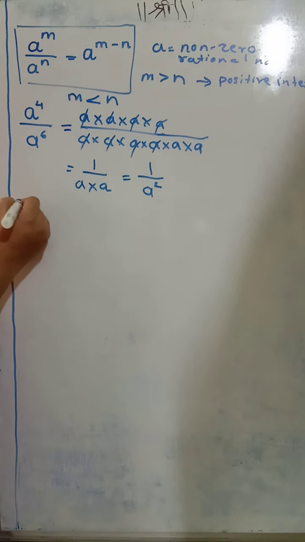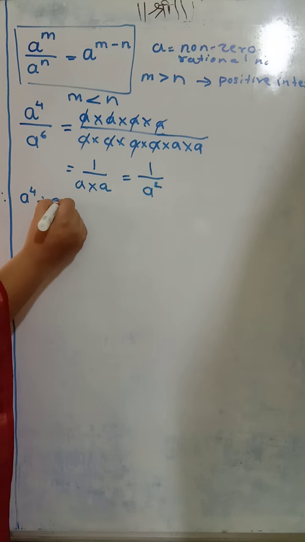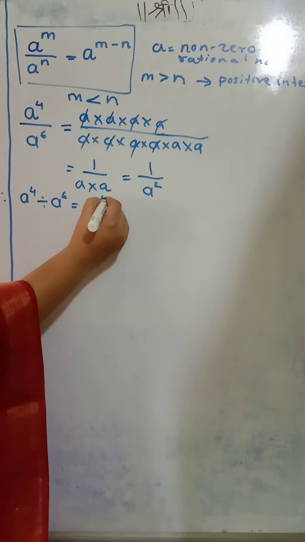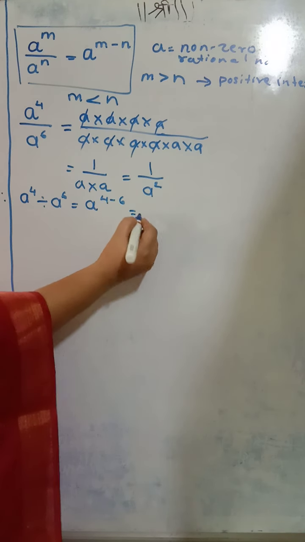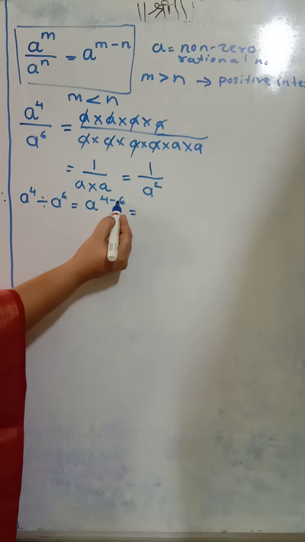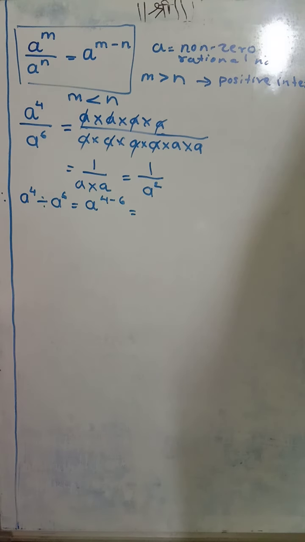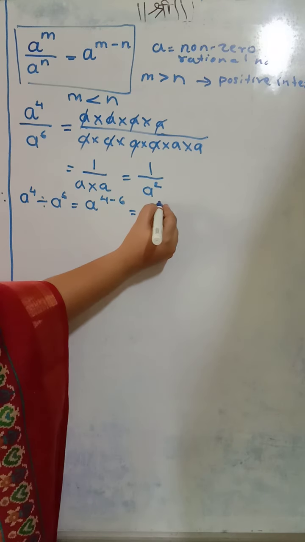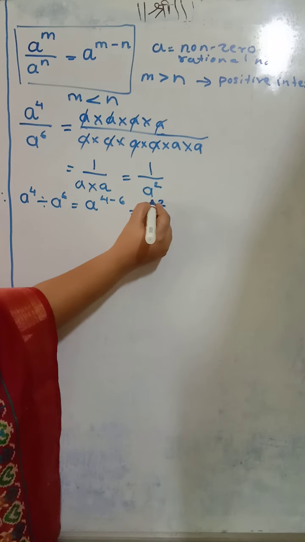Yes, of course. Therefore, A raised to 4 divided by A raised to 6 is equal to A raised to 4 minus 6. Means, is this positive and this negative? Then we will do subtraction, that is 6 minus 4 is 2 and the sign is negative.